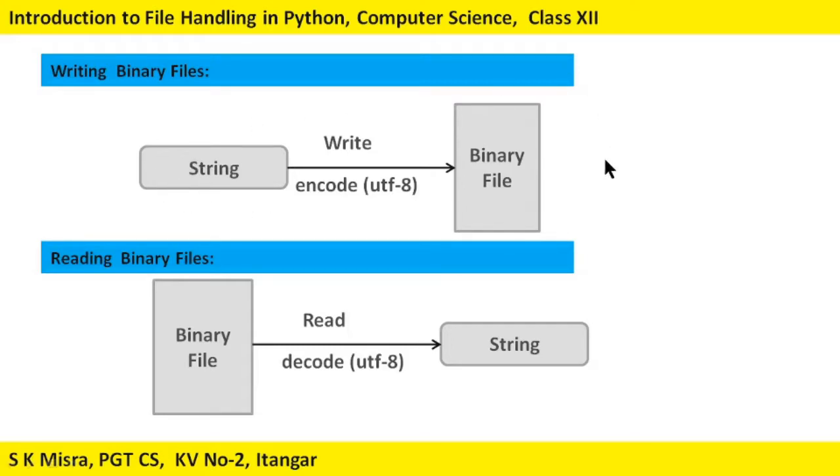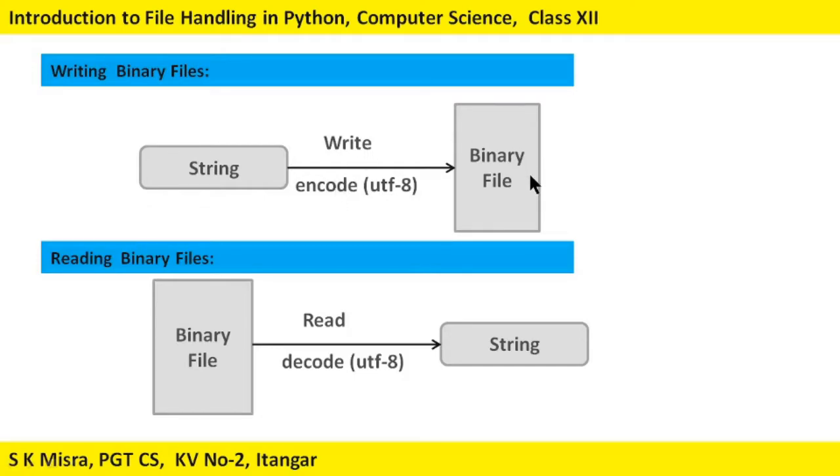In that case, while writing I need to encode the data using some kind of encoding scheme before storing it into the file. The raw string, whatever string I have, I first need to encode in some kind of UTF or ASCII encoding scheme. Then after encoding I can store the encoded data into the binary file.